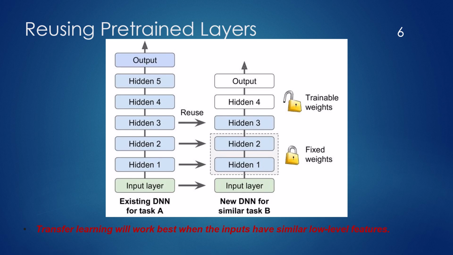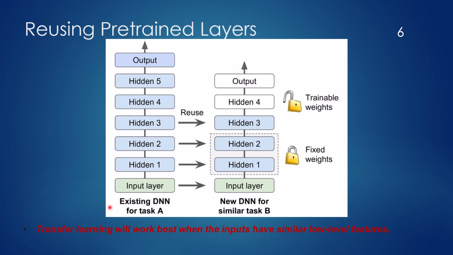Here is one of the transfer learning workflows. In this diagram we can explain reusing pretrained layers. Reuse the lower layers of a pretrained DNN from task A for a new task B. Lower layers, for example hidden 1, 2, etc., retain the pretrained fixed weights. Upper layers, for example 3, 4 and outputs, are trained and adapted to the new task.